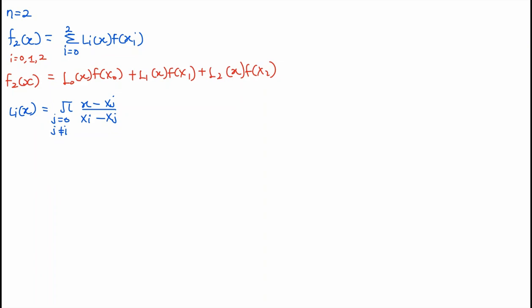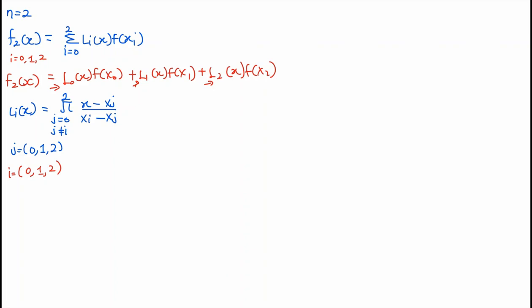So the possible j values are 0, 1, and 2. But our i values change: we have first L0, L1, and then L2, and the subscript values are the i. So in this case, our i values are also 0, 1, and 2.